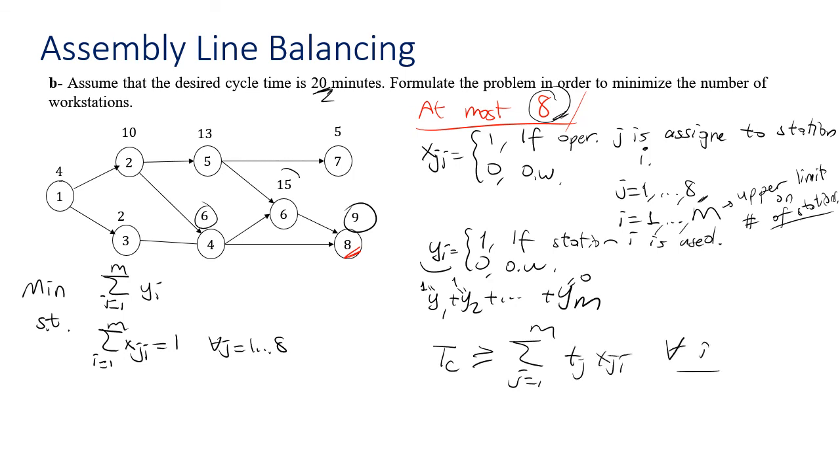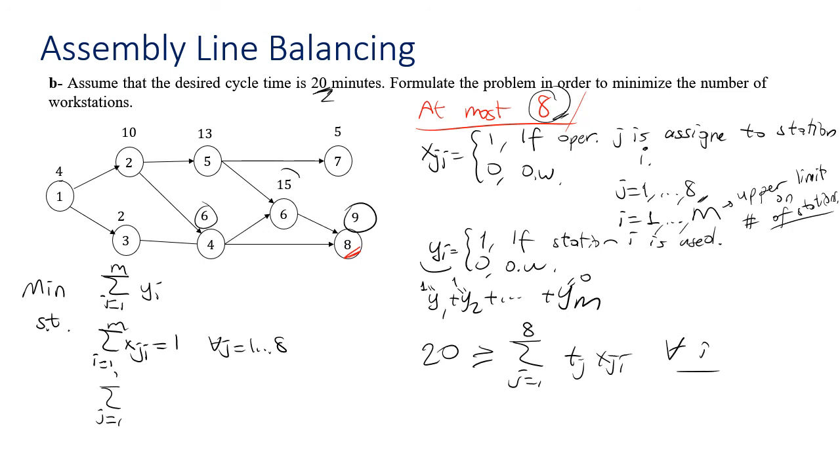Now here in this constraint, this tc is not a variable, but it is a given number. So simply we will write this constraint. Okay, so I will write in this version j from 1 to m. Sorry, not 1 to m, it is the number of tasks, so it should be 8.